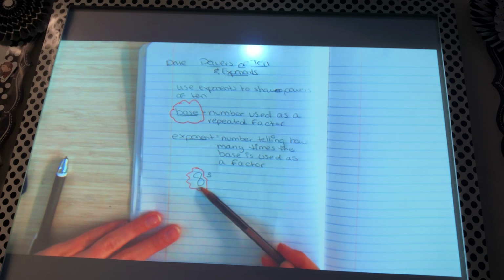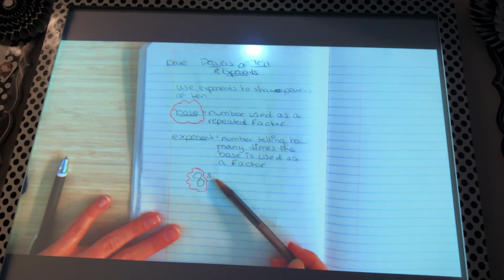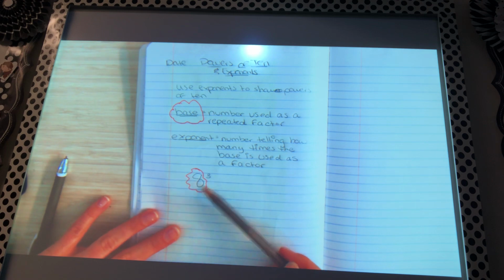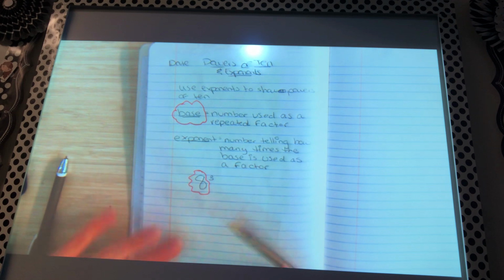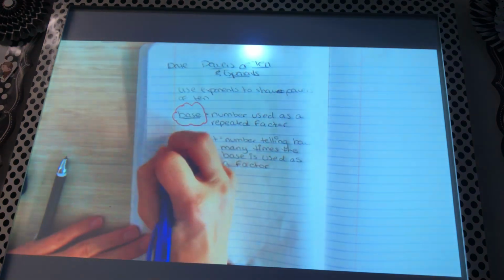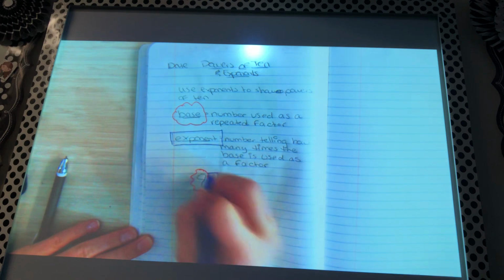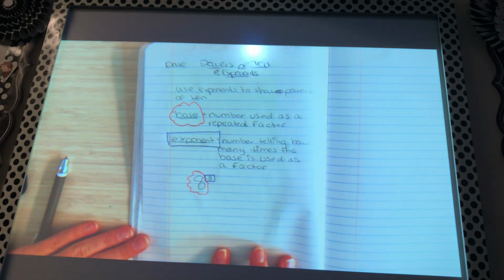So when I look for my base, it's the larger number off to the left of the exponent, and it's the number that I'm going to use as a factor in my problem to solve. So my exponent would be here, and it's the smaller number in the corner of the base.